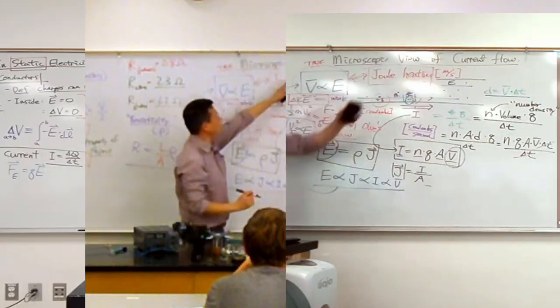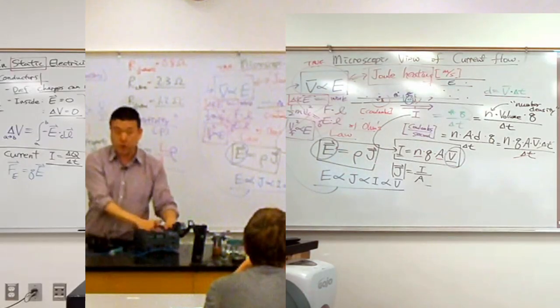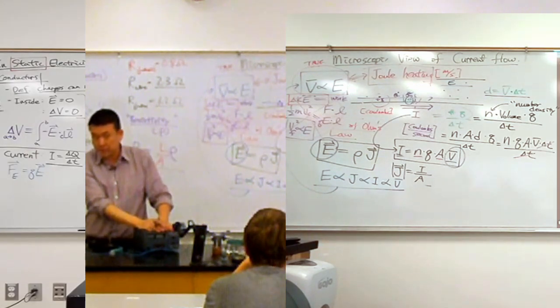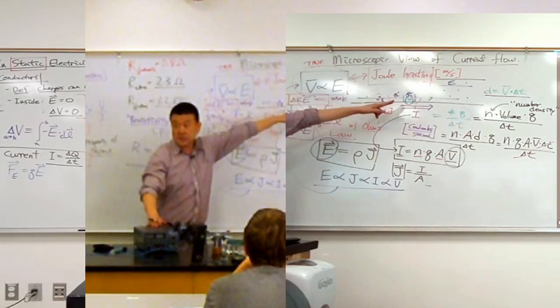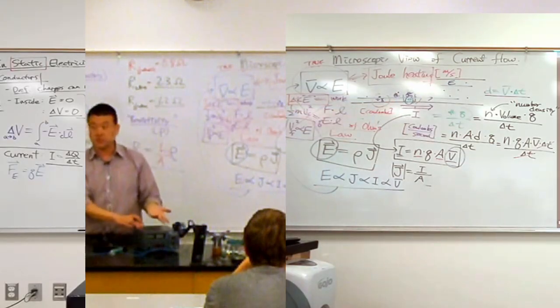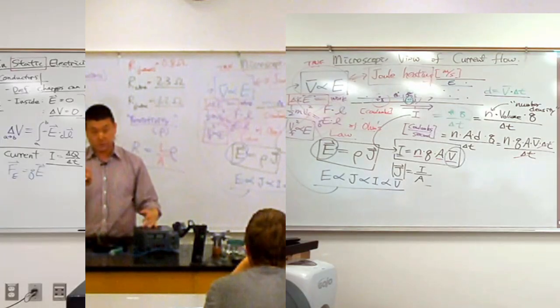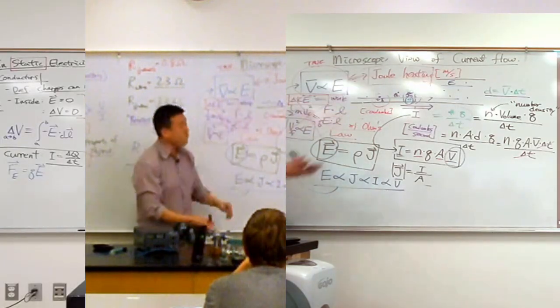Joule heating refers to when you are putting in some amount of power using this power supply, and the energy that you are putting in doesn't go into increasing the kinetic energy of these charges. It instead goes into increasing the thermal energy of the material, the wire that you are putting it through. We describe it as Joule heating, and there's even a formula for it.